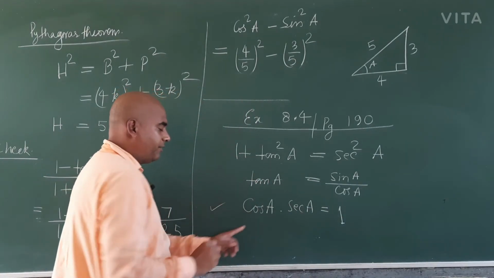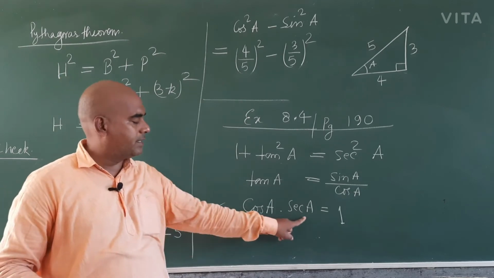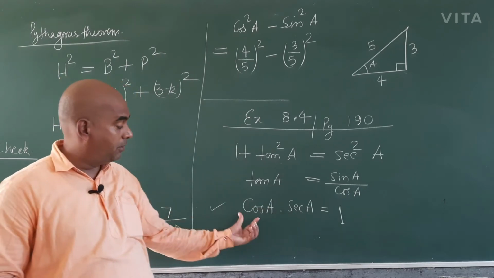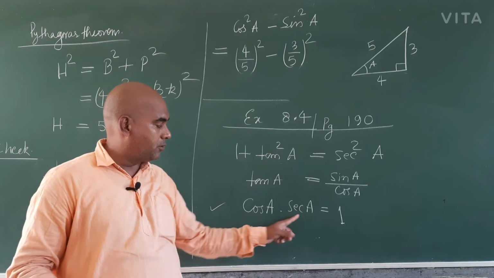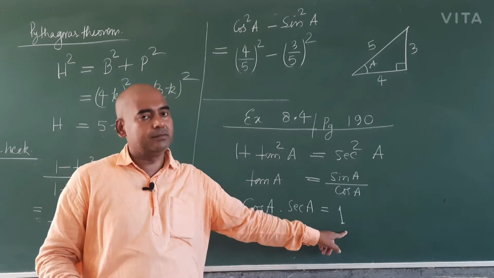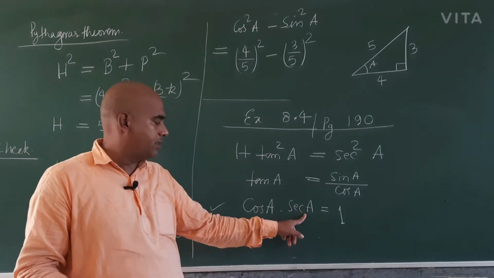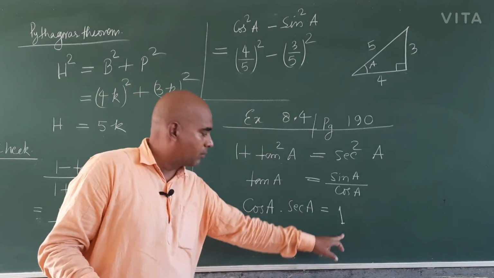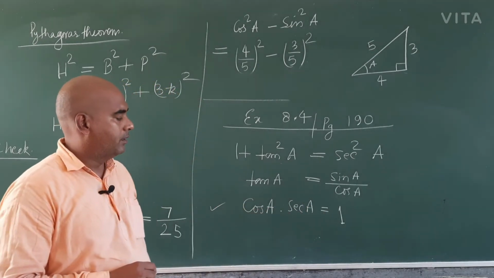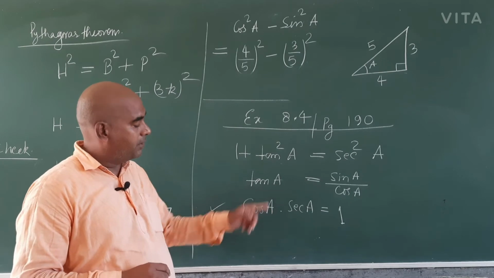This comes from the definition. Cos and sec are inverse to each other. Cos A is equal to 1 upon sec A, or you may write sec A is equal to 1 upon cos A. And this is also from the definition.